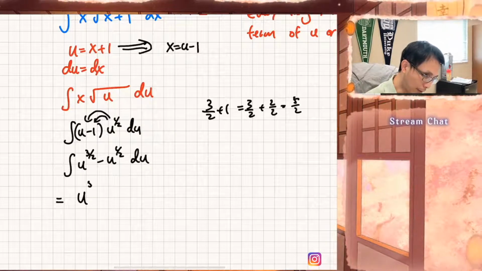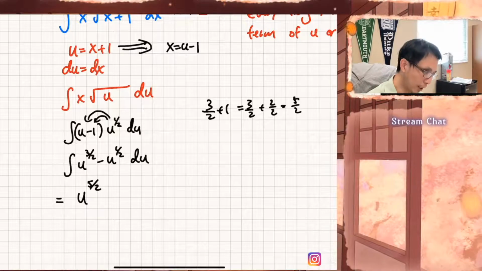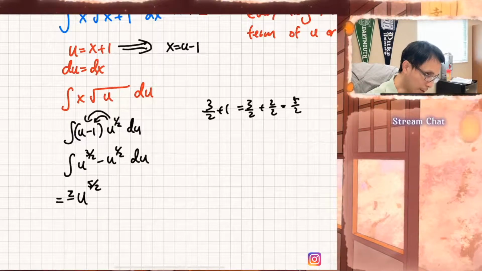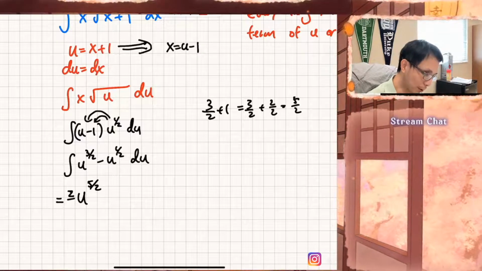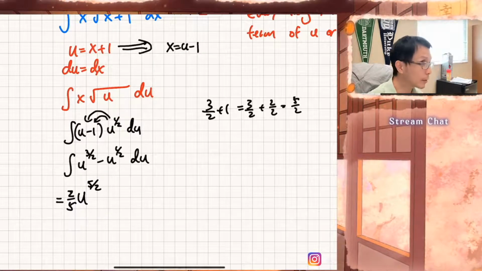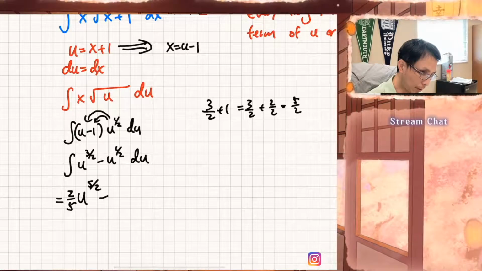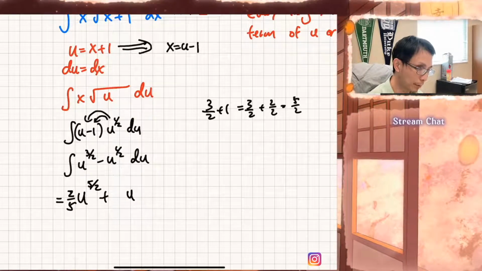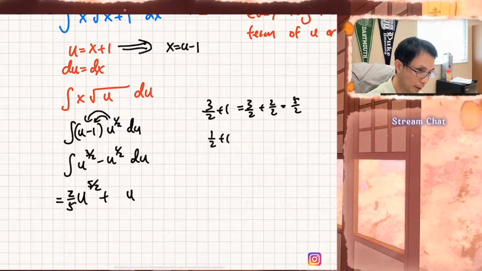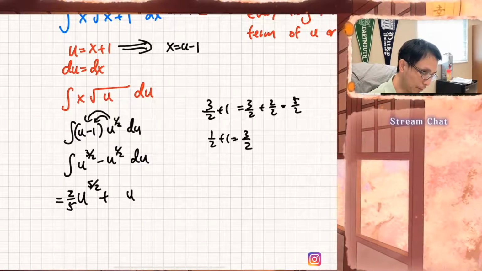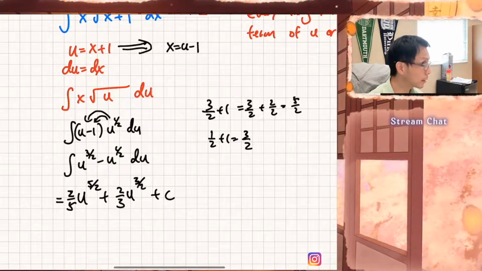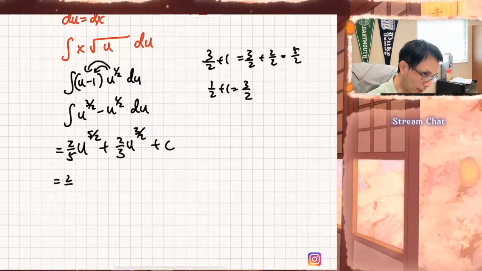And then in front, just flip, because dividing by 5/2 gives 2/5. Plus u to the 1/2 plus 1, which is 3/2, so 2/3, plus c. And you just find the answer.